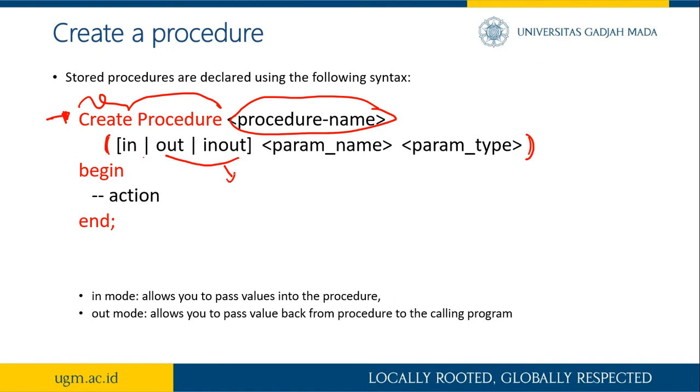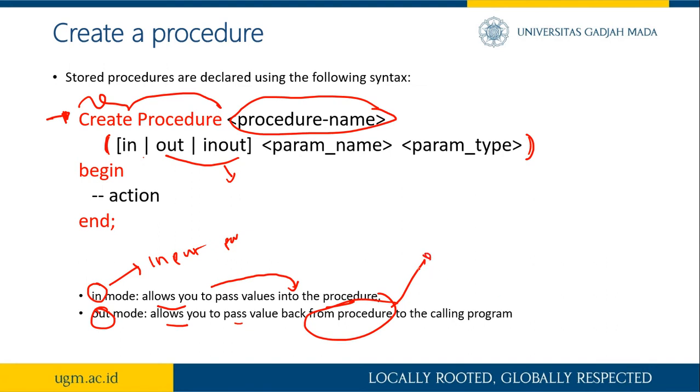This is the mode for the parameter. In the procedure we can have an in parameter as input, which allows us to pass values into the procedure, and the out parameter will allow us to pass the value back from the procedure to the calling program.